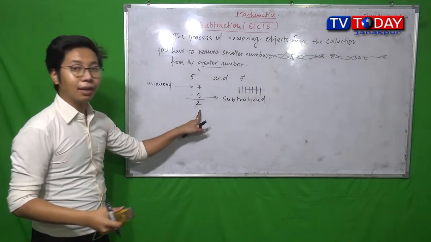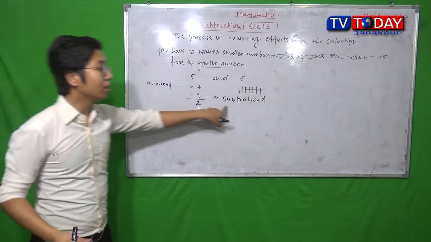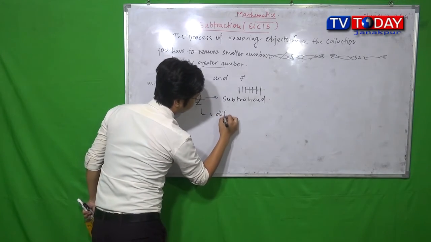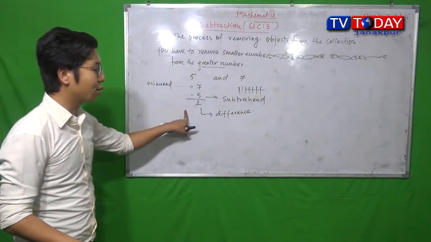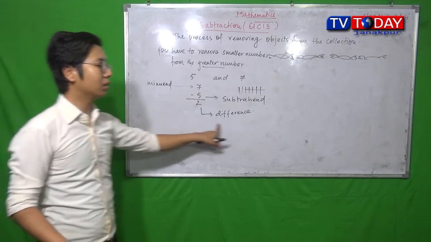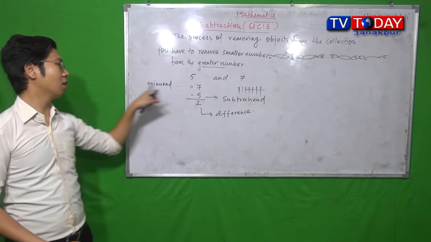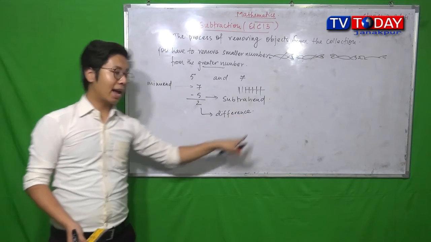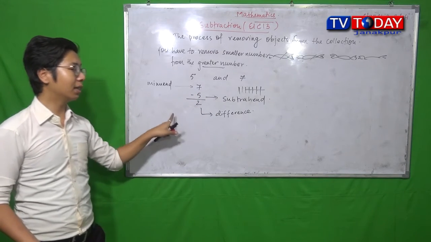And the result that you get after subtracting subtrahend from the minuend, what is it called? This is called difference. So here 7 is a greater number, that is called minuend. 5 is the smaller number, that is called subtrahend, and after subtracting 5 from the 7, the answer is 2. This is the difference.